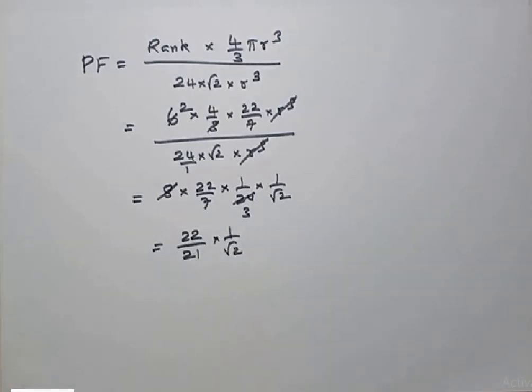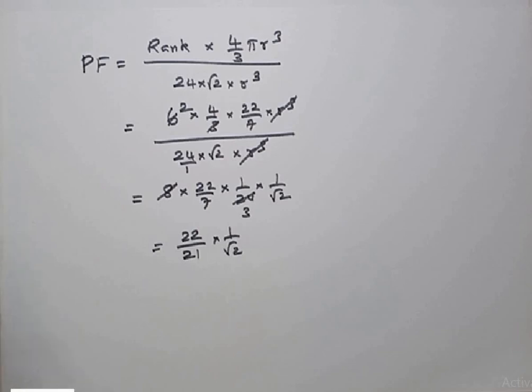Okay, we'll find out the value. 22 by 21, I think this will also come out as 0.74, right? Let me do it. 22 by 21 divided by 1.414.